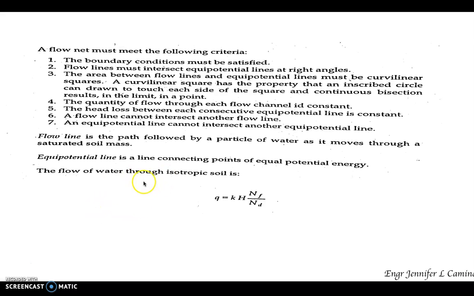To compute the flow of water through a particular soil, the soil can either be isotropic or anisotropic. When you talk about isotropic soil, it means the permeability coefficients in the x and y directions are the same. If you are going to compute the flow of water through isotropic soil, this is the formula you are going to use: permeability coefficient times H, that is the difference in elevation between the upstream and the downstream, times NF over ND.